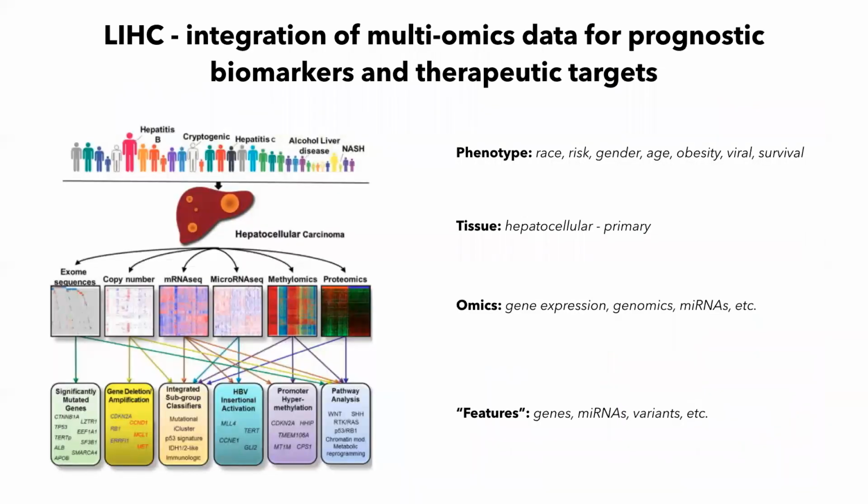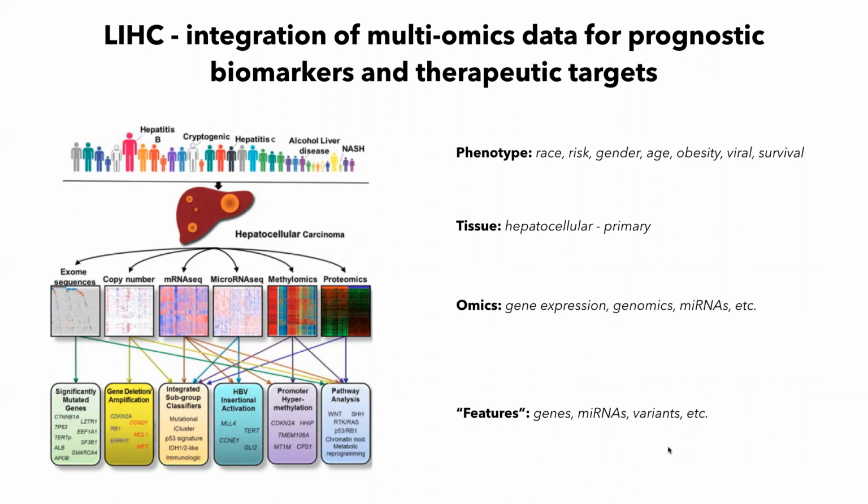So for example, if we look at the whole project overview, we can see that we have phenotype, we have different tissues. In this case, we just have HCC, different types of omics, and within each type of omics, we have different data sets. So the question is, what can we do with this data?